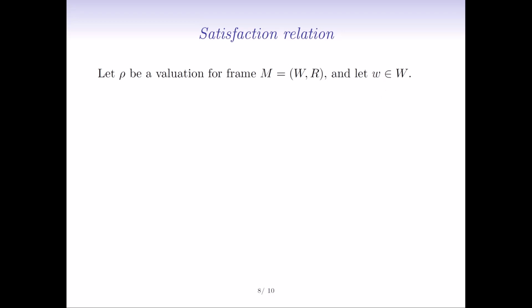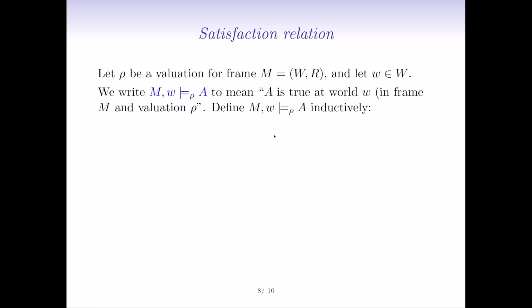I'm going to write small w to represent some world in the set big W. Then I'm going to write M, w satisfies with rho, A, this notation here, which involves the frame, the valuation, w, the current world, and a formula A, to mean the formula A is true at world w, relative to the choice of the frame and valuation.